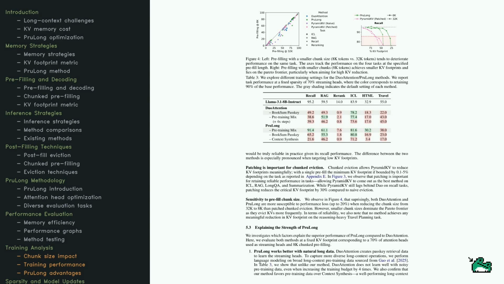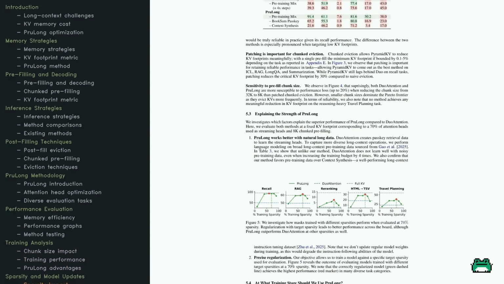Yet, there's sensitivity to chunk sizes. Shrinking chunk sizes can lead to performance dips, especially for PruLong. Overall, this section highlights PruLong's strength in handling natural long context data, emphasizing its memory efficiency without sacrificing task performance.